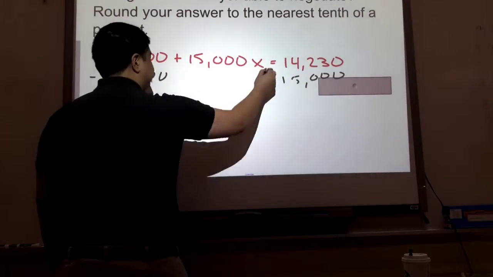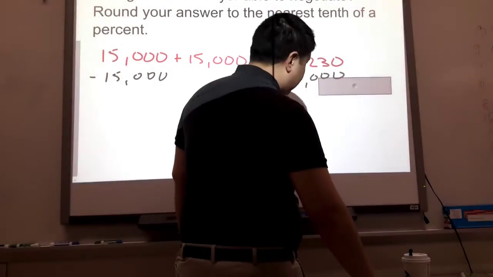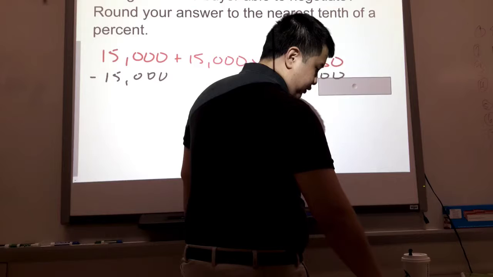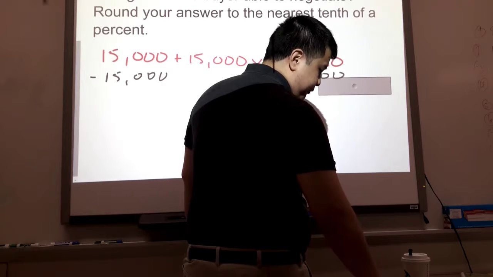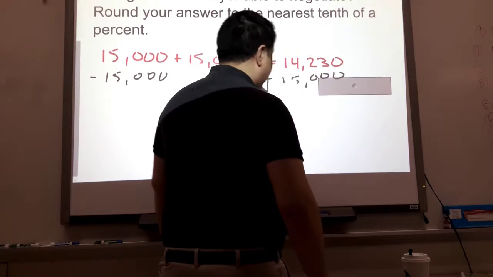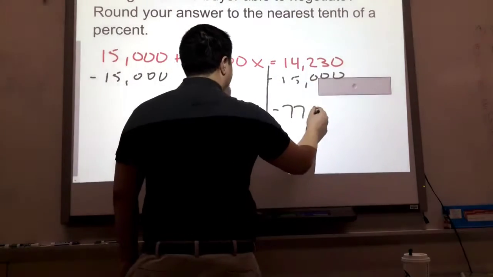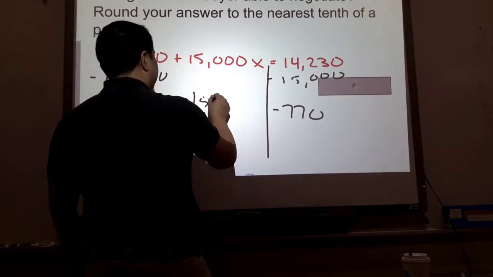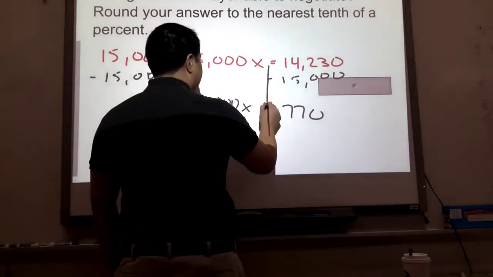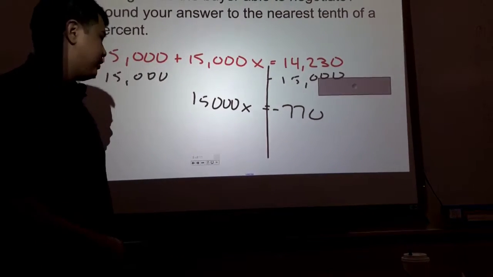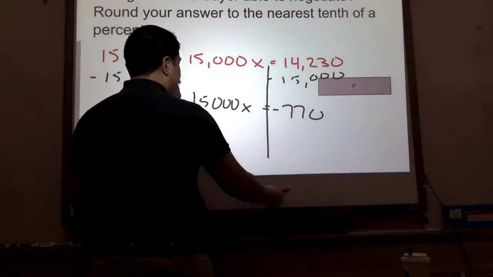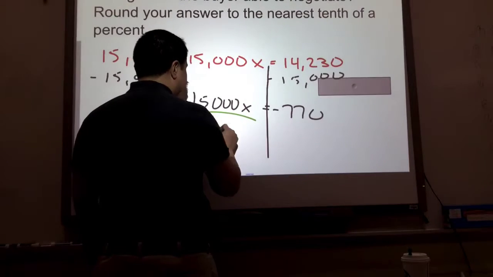We get 14,230 minus 15,000. We get negative 770. We get 15,000x on this side. Now we're going to divide by the coefficient. Divide by 15,000.